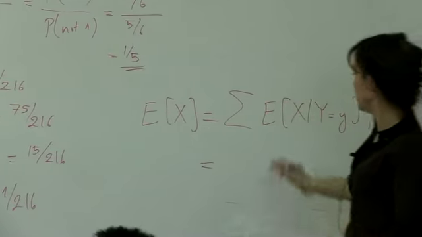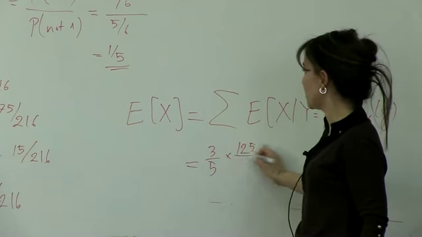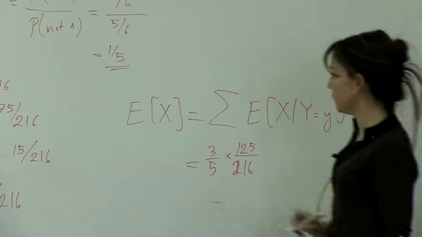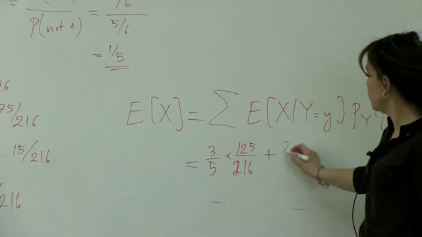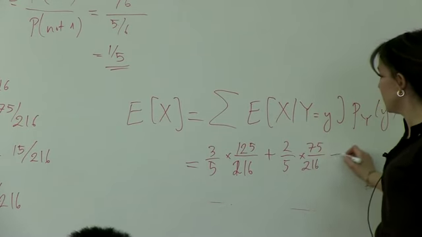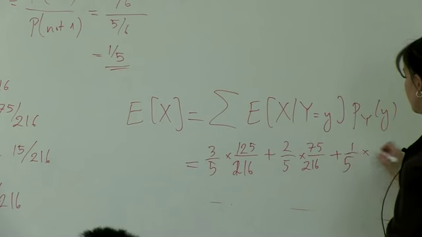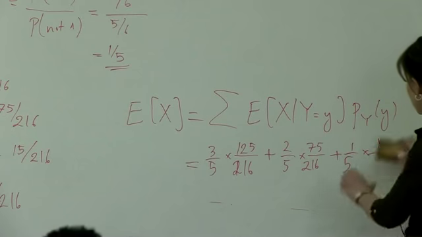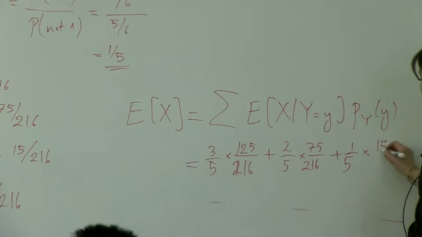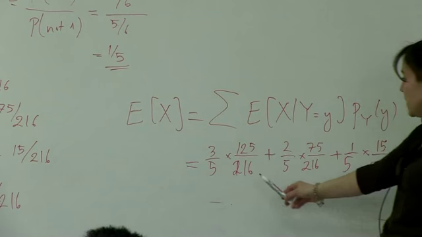So let's write this. 3 over 5 times 125 over 216 plus 2 over 5 times 75 divided by 216 plus 1 over 5 times 15 over 216 plus 0.